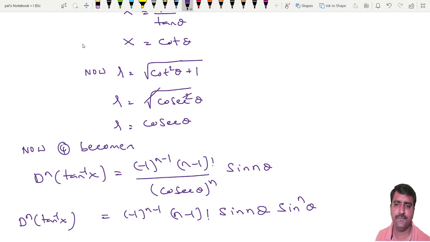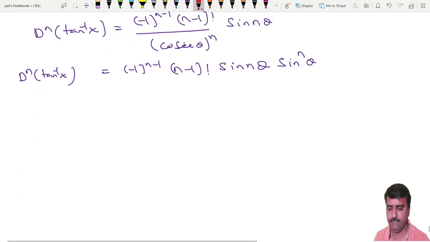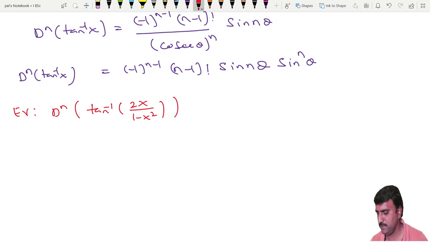Suppose if they ask to evaluate the nth differentiation of tan inverse of 2x by 1 minus x square, what should we do?